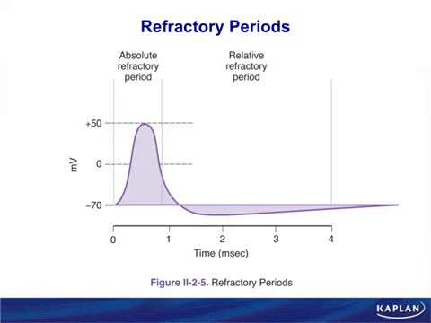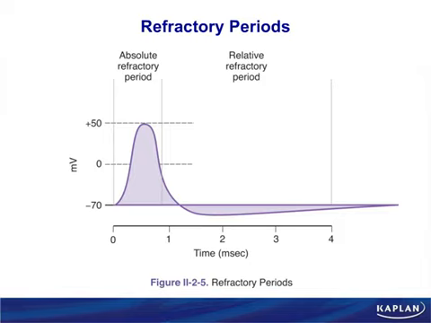This is because fast sodium channels are initially in the open state, the very first part of that, or they're in the inactivated state. If I have fast sodium channels in the open or inactivated state, then I can't get another action potential. That is the cellular mechanism for the absolute refractory period.